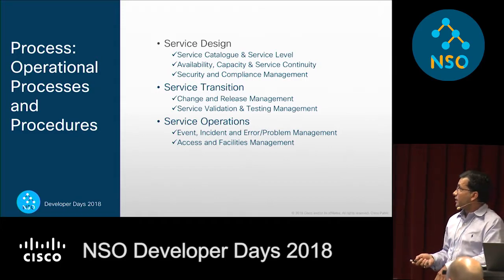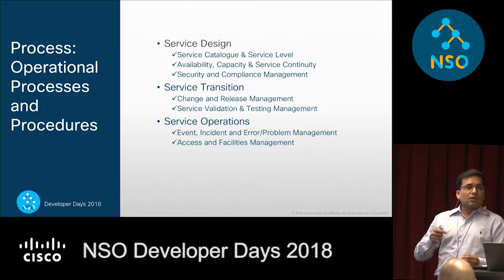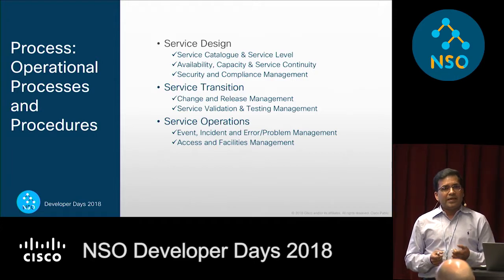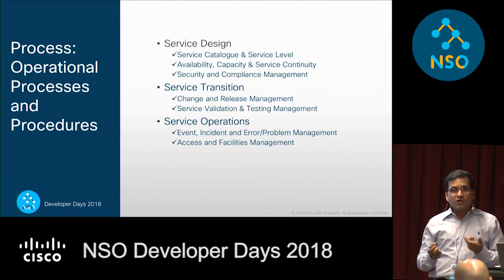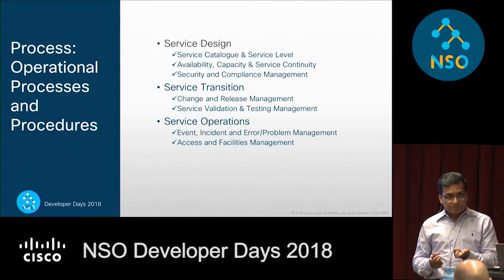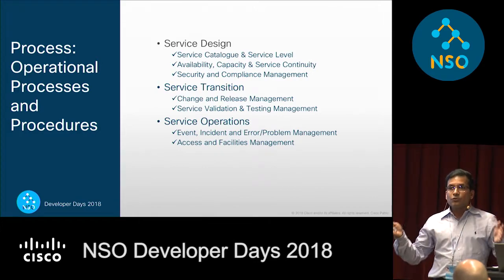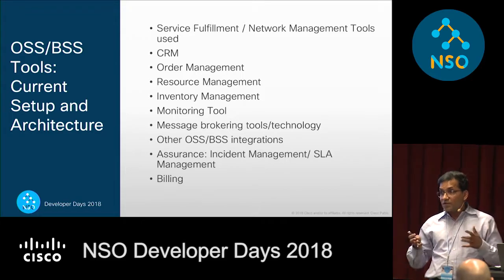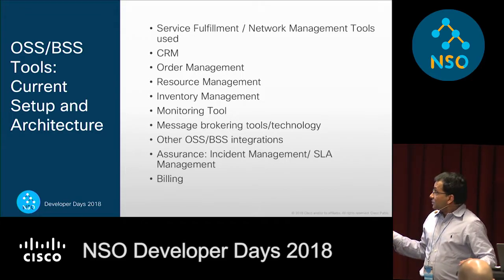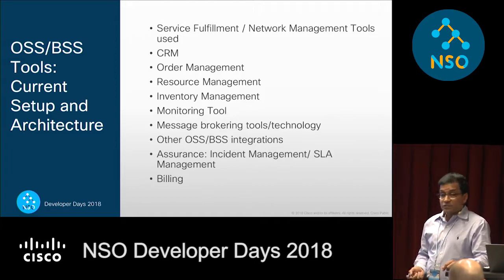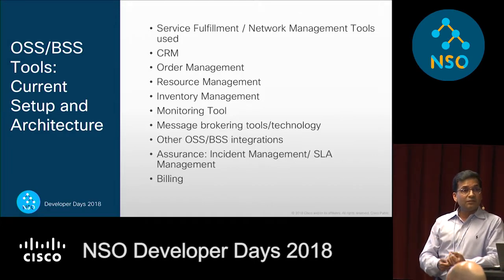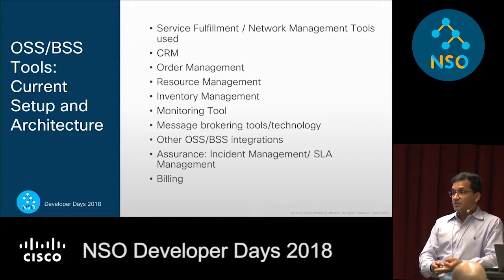As Colin mentioned yesterday, for any automation solution, we should think about the bigger picture. We cannot develop solutions in silos, right? So we need to understand the ecosystem, the entire network, or the bigger picture. Especially if there's a customer-facing service, we need to integrate with billing, CRM, order management.